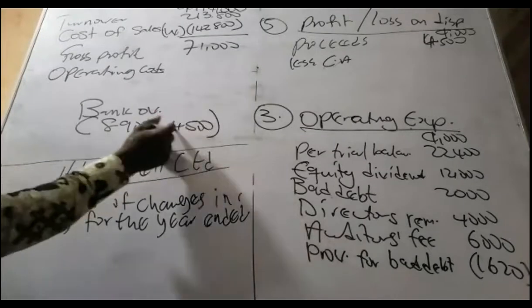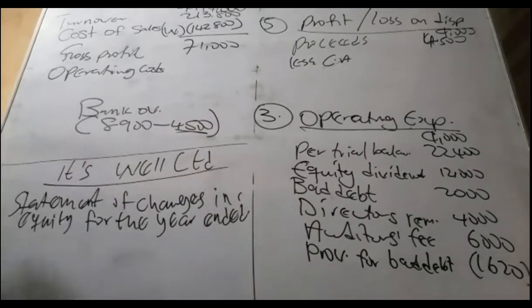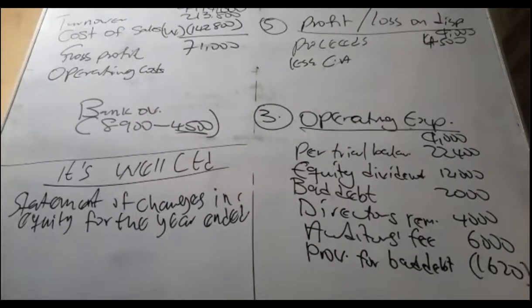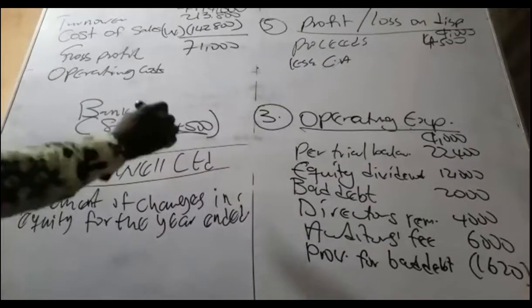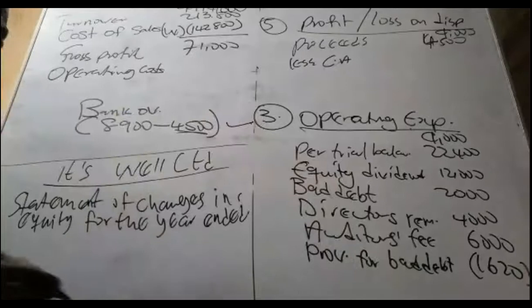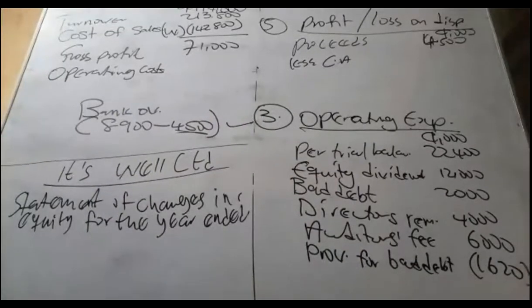I am using the proceeds to offset some part of the bank overdraft. However, you can allow the bank overdraft to be on its own and the cash to be on its own. Then you put the remaining balance there if there are any other items that will affect this. There was another note that they received cash.